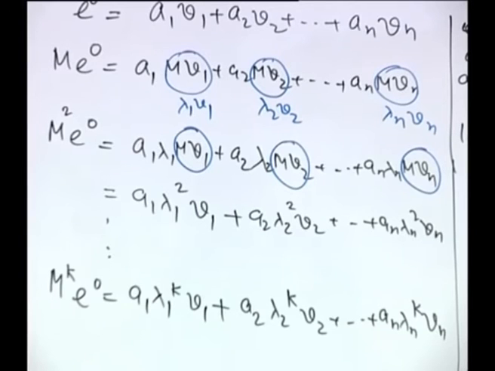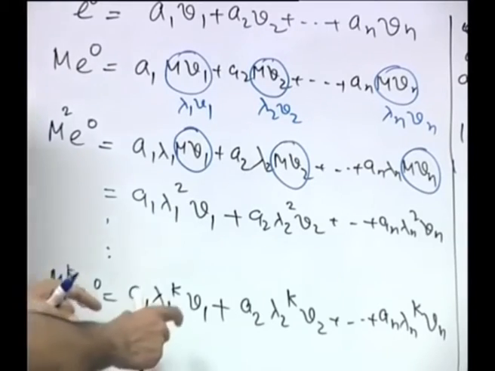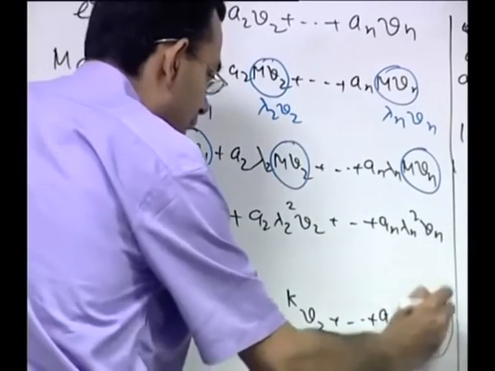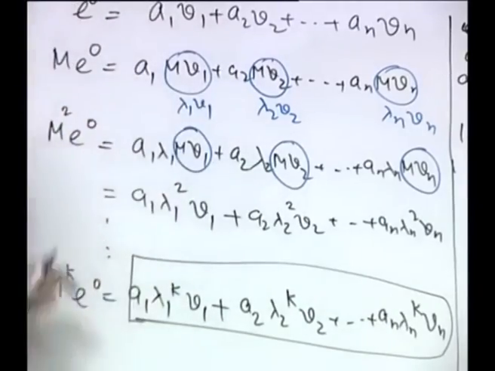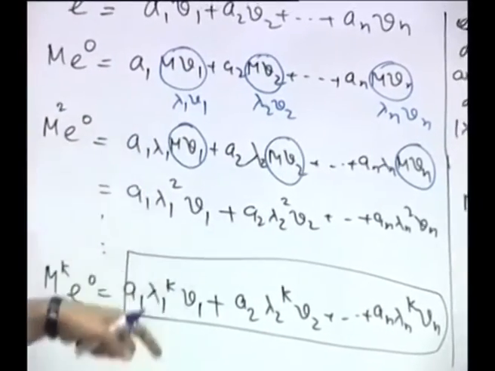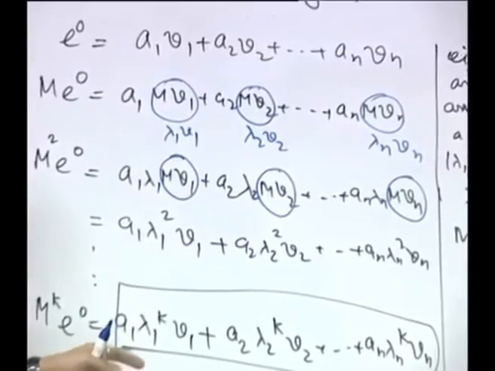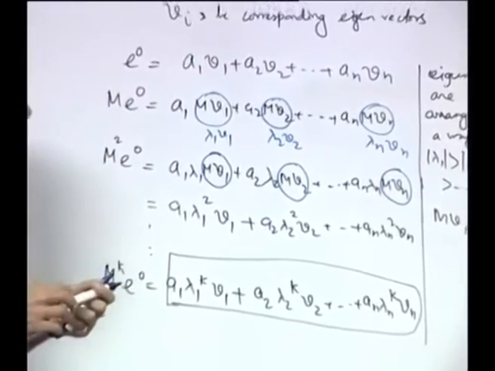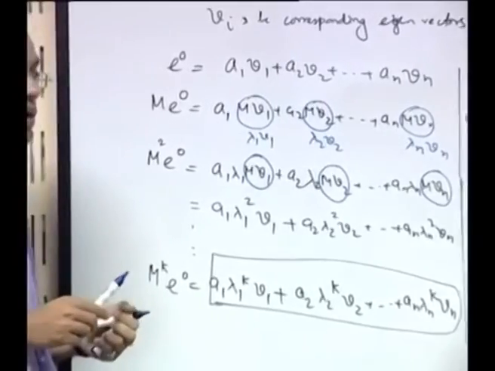Now if we compare M to the power k E0 with E0, as if we are dividing this entire expression by E0 in terms of the norm, of course. When we make such a division by taking the norms, what will be the dominant terms?